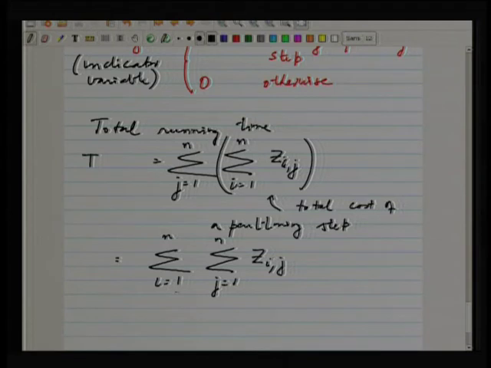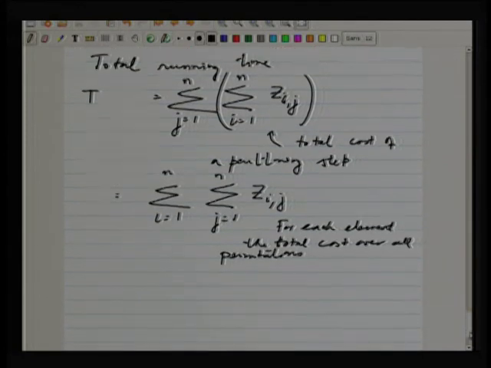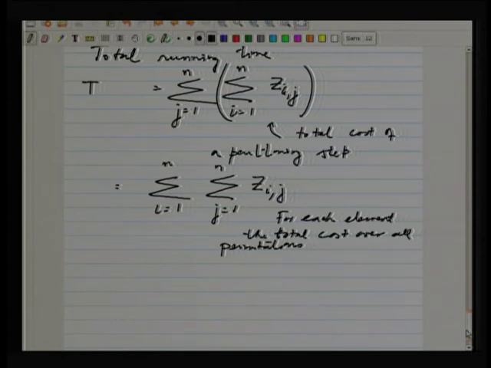So, now I am summing for each element the total cost over all partitioning steps.